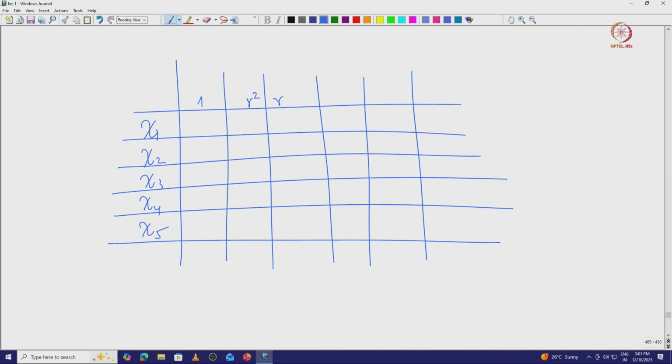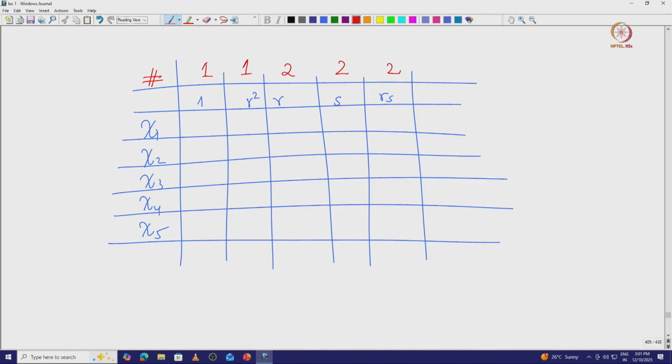Let me write only the representatives R, here S and then here R S. The number of elements in the conjugacy classes is going to be 1, 1, 2, 2 and 2. So, it is very similar to Q8.